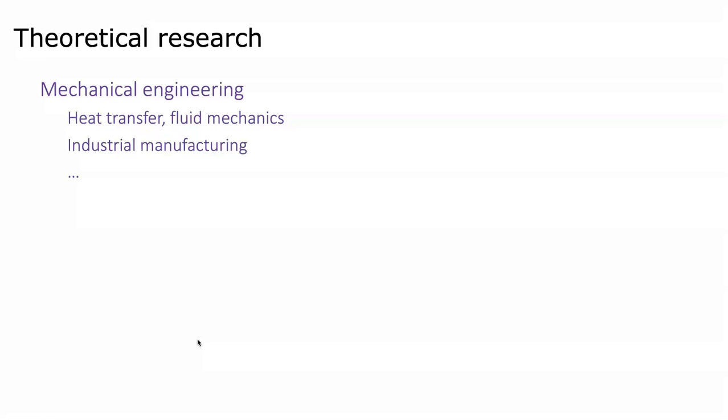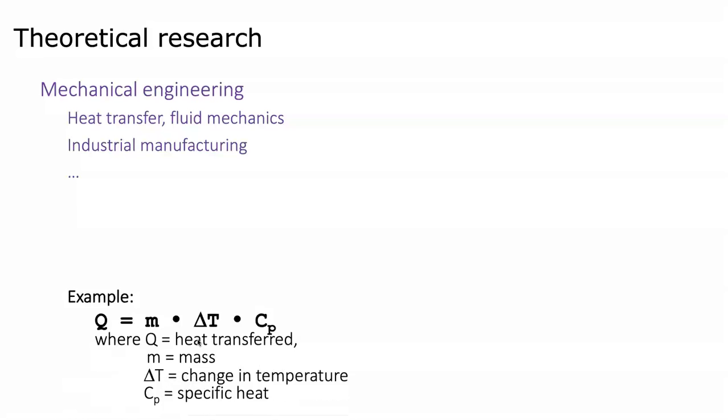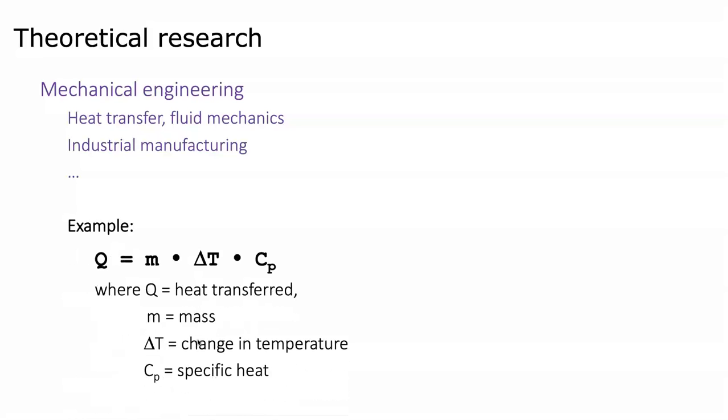So to start with a clear example, if you were an undergraduate student in a mechanical engineering department, you would have learned different topics, from heat transfer to fluid mechanics to industrial manufacturing and so on. But what is interesting in this domain is that you would end up with a lot of formulas, which are represented by mathematical equations.